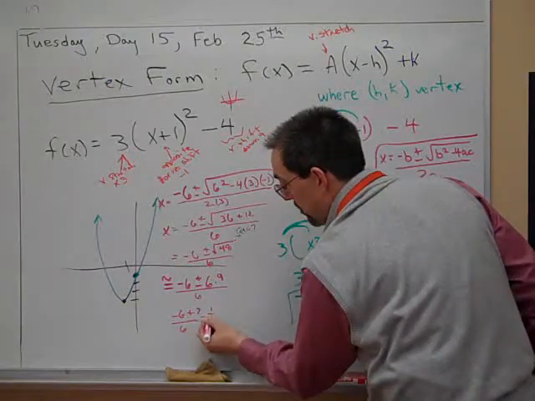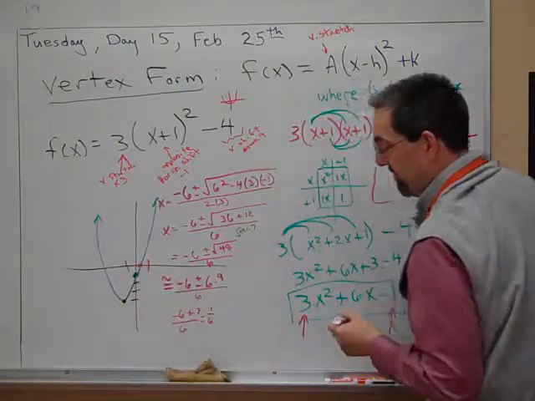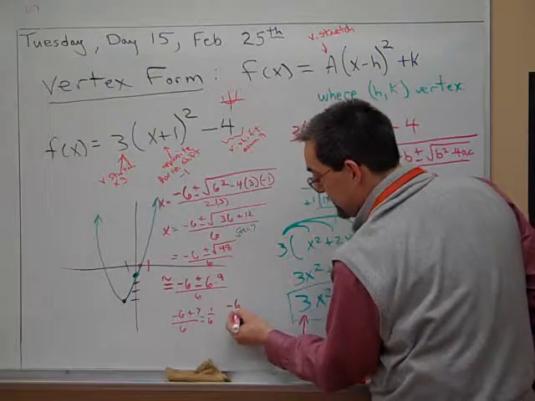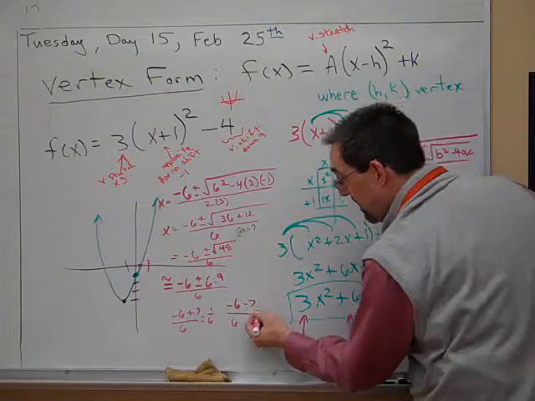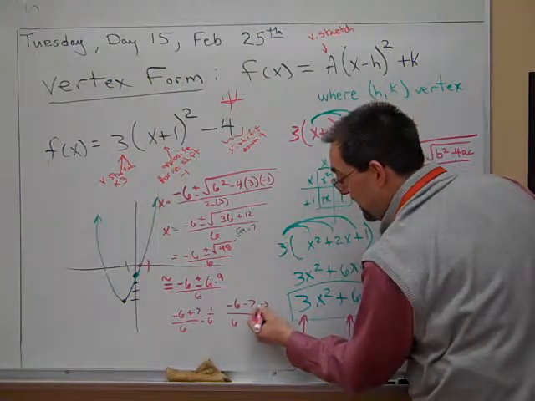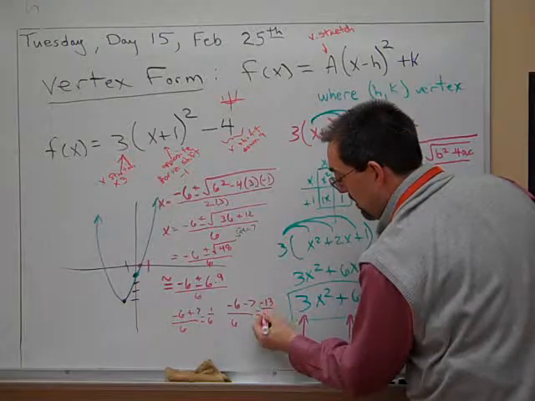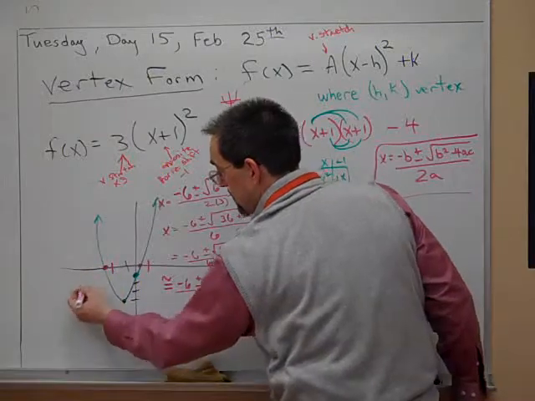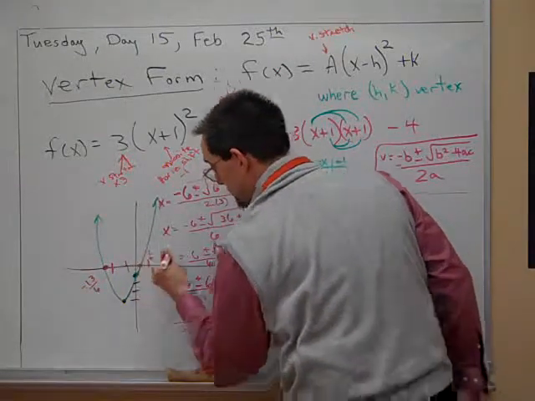So that's going to be 1 over 6, really close to the value of 0. And then negative 6 minus 7 over 6, negative 13 over 6, so a little past negative 2. So we have negative 13 over 6 and 1 over 6.